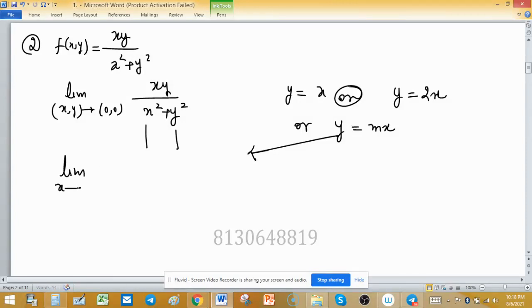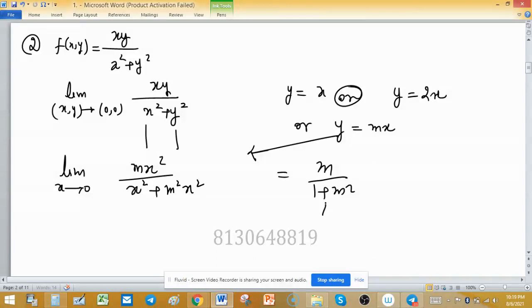So I can write the limit as x tending to 0, replacing y with mx. So I can write (m x square) upon (x square plus m square x square), and after taking x common and removing it from the numerator and denominator, we have m upon (1 plus m square).